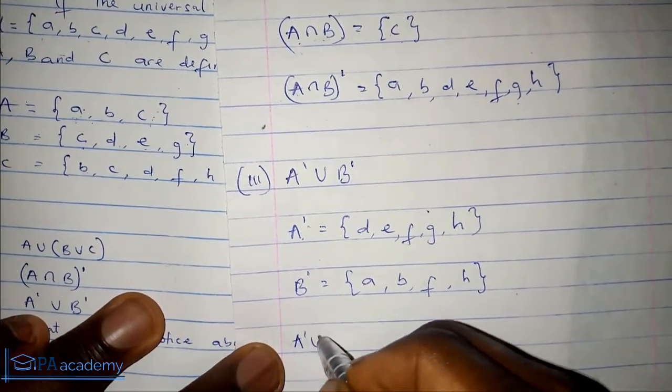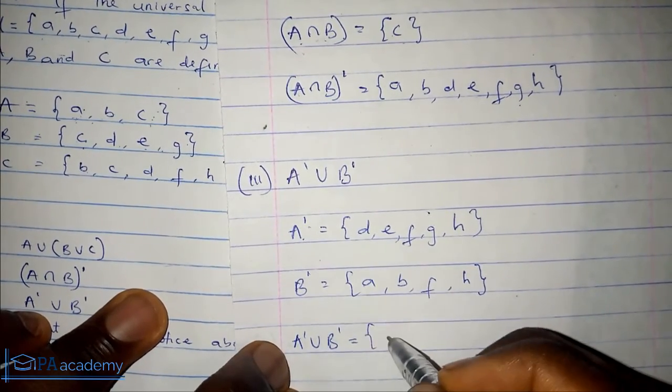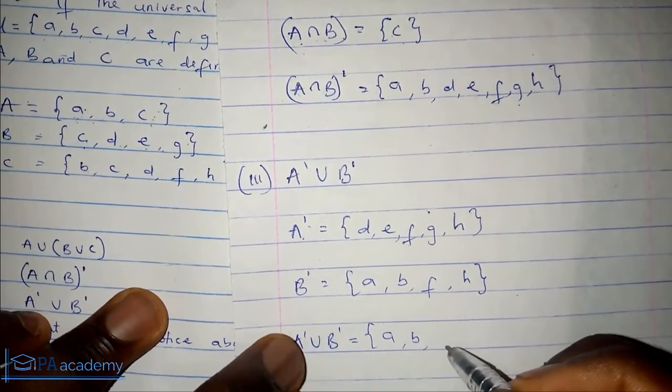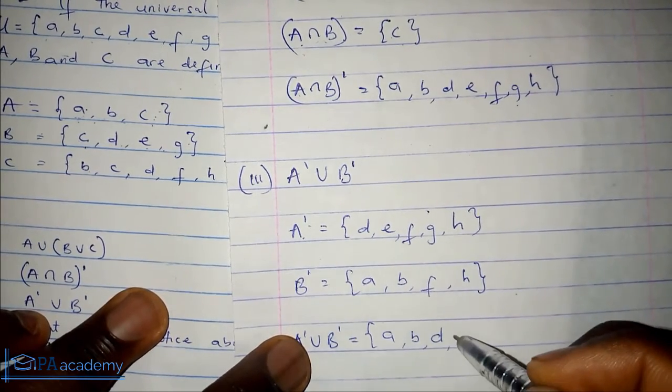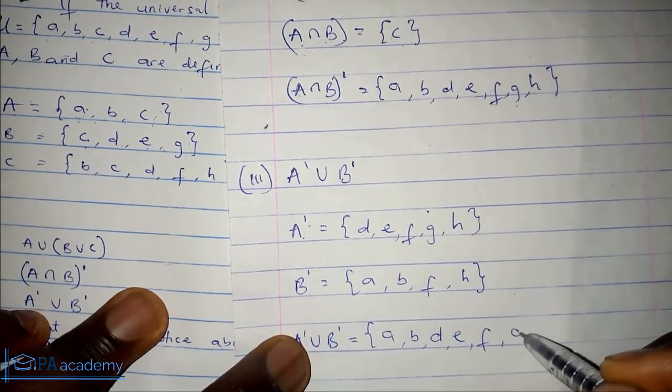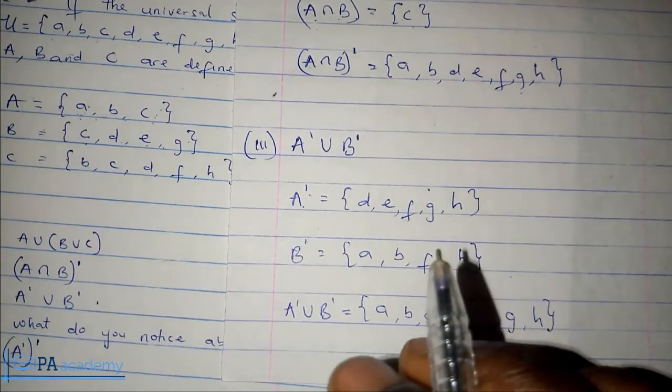So A prime union B prime would give us A, B, D, E, F, G, H. So here's the answer to the third one.